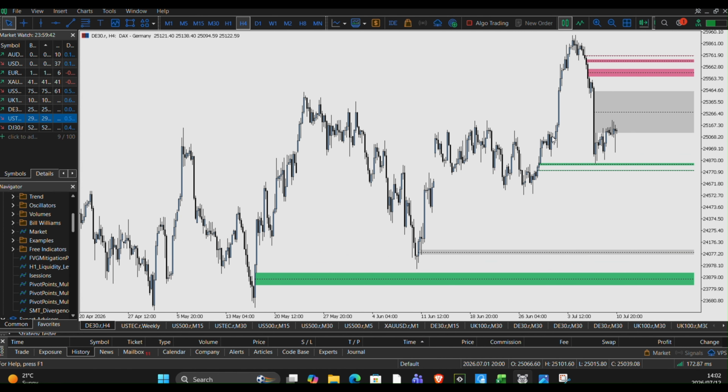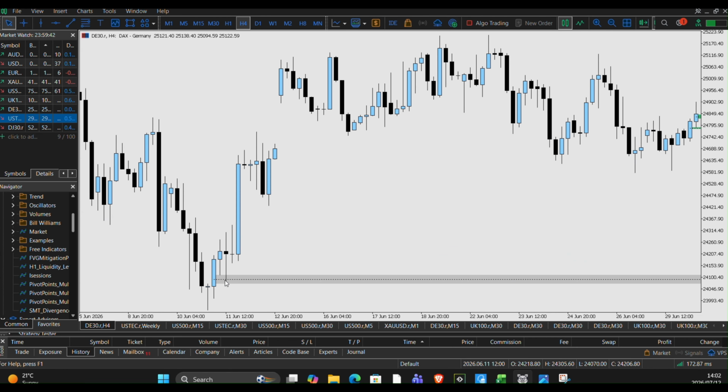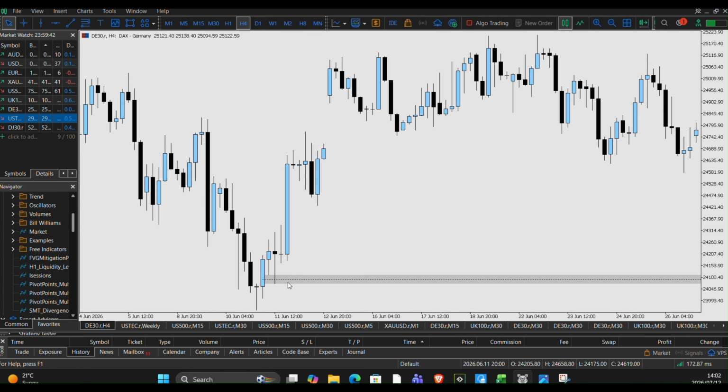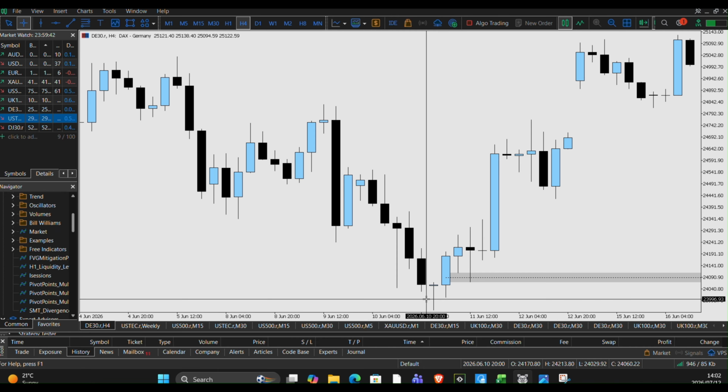If we zoom out, you can see that there's a lot more. There was one down here. And it got partially mitigated, not fully mitigated, otherwise it would have disappeared. I think this wick did not wick as low as the high of this candle.